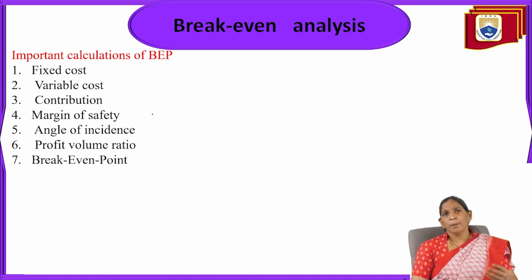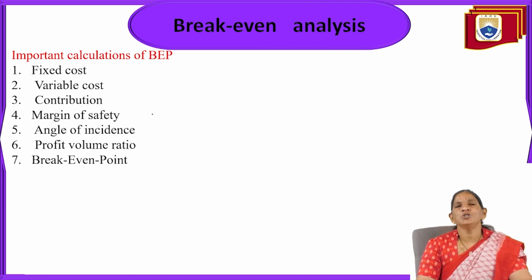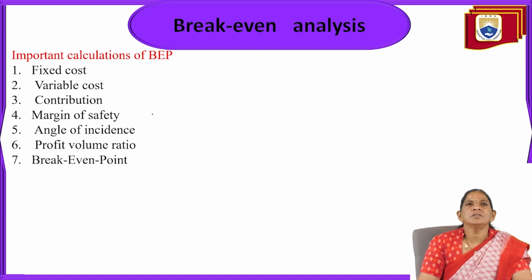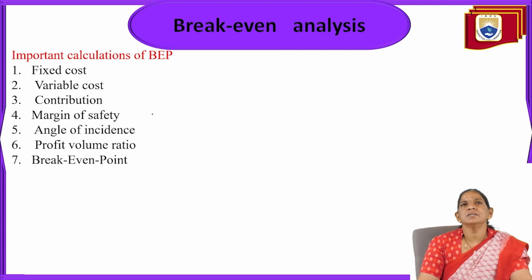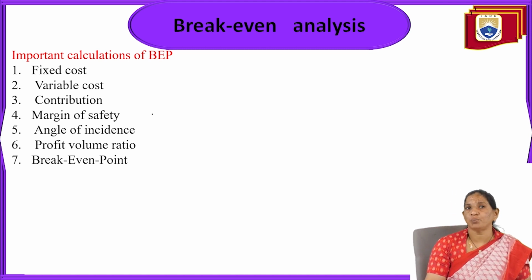By understanding this break-even analysis, the organization can take decisions. Once the organization wants to go for decision making, first we should see what the important calculations are. Every organization must identify these calculations in order to attain profits.